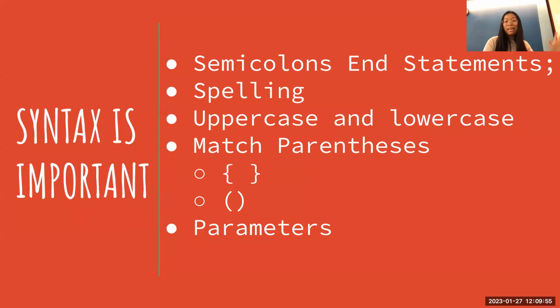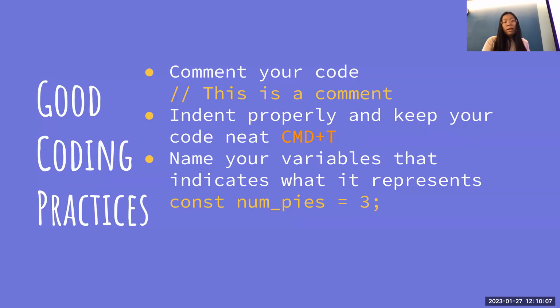And I was about to say, if you have never coded before, know that there are a couple of warnings. Syntax is going to be important. So how you spell something, how you write something, how you match parentheses are going to be important. And then some more good coding practices, for those of you familiar with coding, is to comment your code.